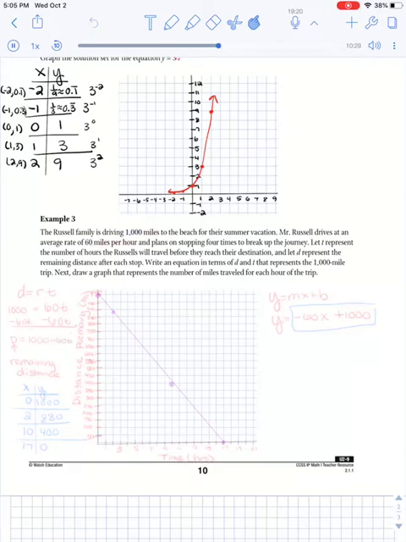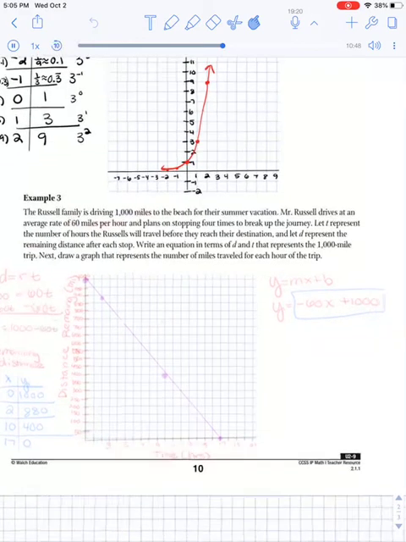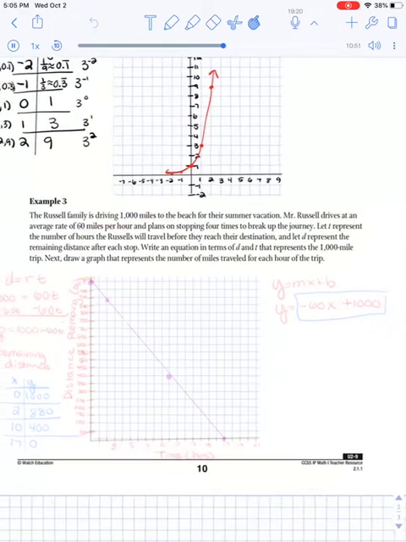Let T represent the number of hours the Russells will travel before they reach their destination, and D be the remaining distance after each stop. Write an equation in terms of D and T that represents a 1,000-mile trip, and then it says next, draw a graph that represents the number of miles traveled for each hour of the trip.